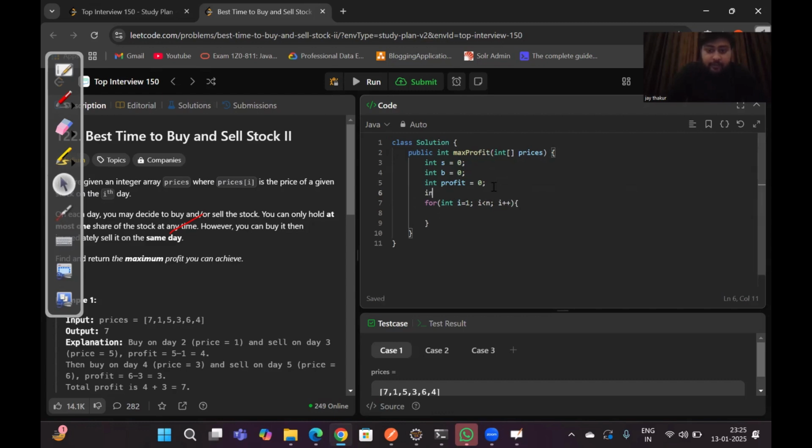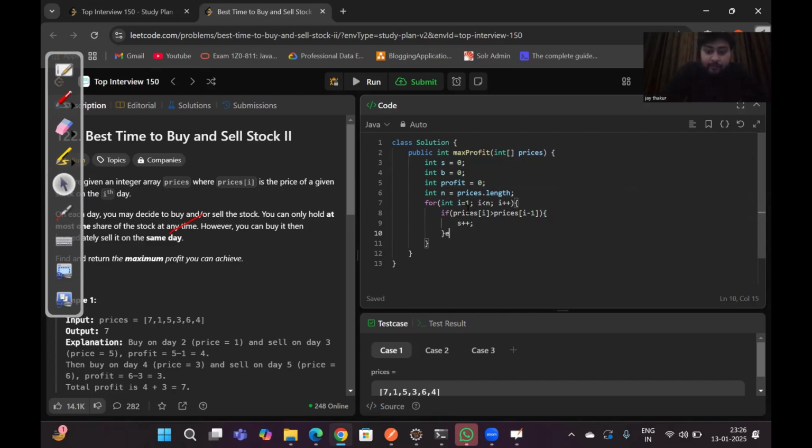We'll extract the length of this array into a variable. Now we have to check if prices of I is greater than prices of I minus 1. That means in future we are getting more prices for our stock, so there we are getting profit. In that case, we will simply increase the selling day.